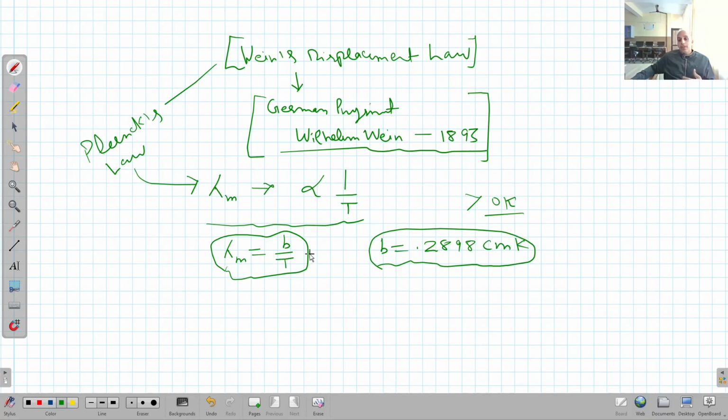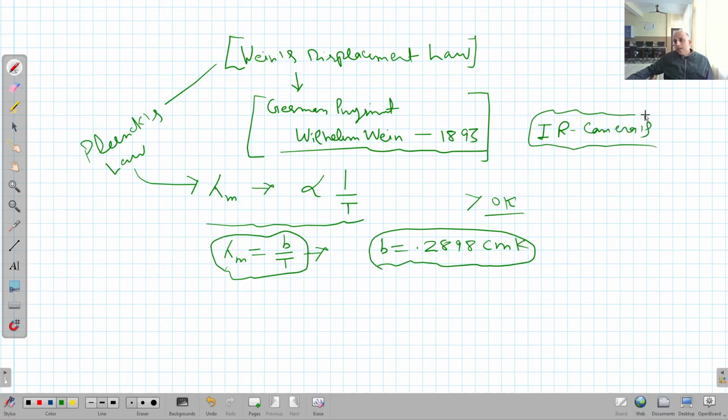So this is very useful in determining the temperature of different objects. Additionally, this concept is used in night imaging, night vision. You might have heard of IR cameras, infrared cameras. Yeah.